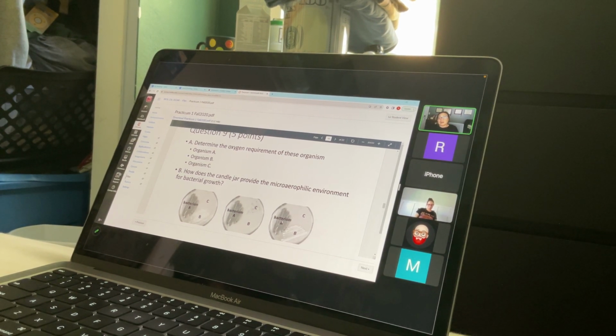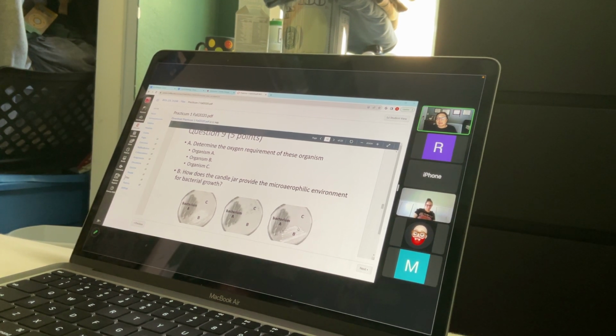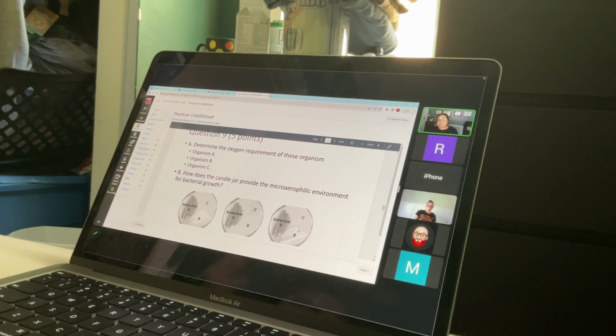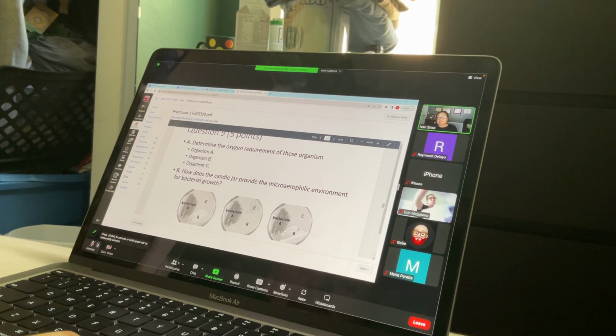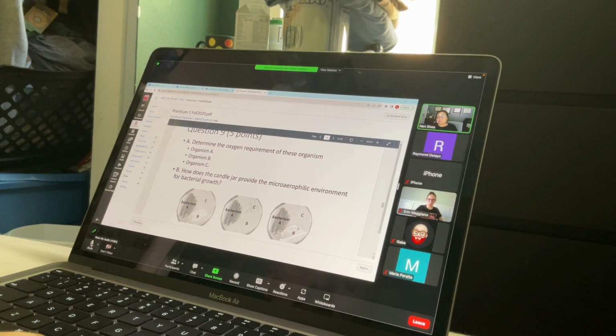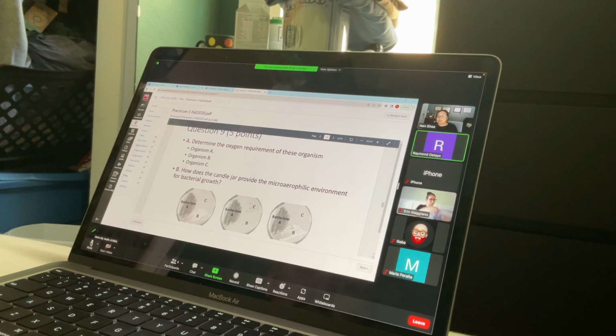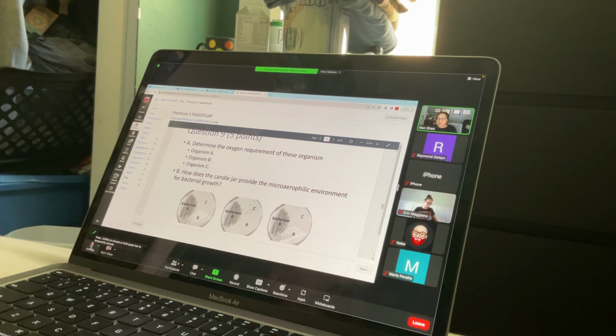So if that is the description, what is the oxygen requirement for organism A? Facultative? Yep, facultative anaerobe.